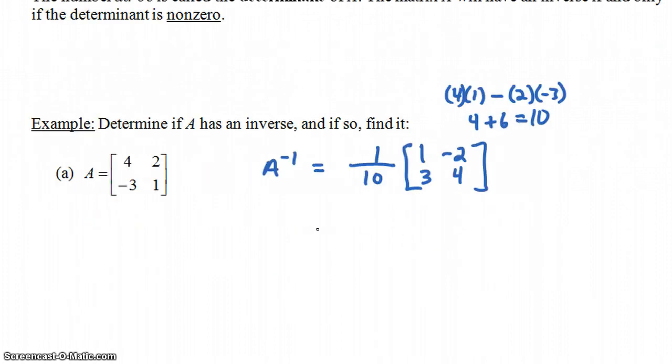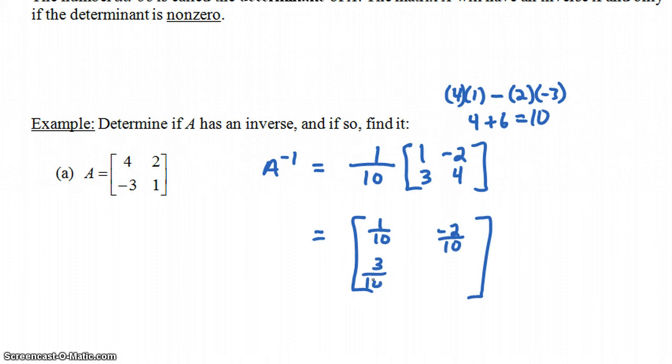Now, when you multiply a scalar times a matrix, that's just like multiplying each of the entries in the matrix by that scalar. So this is a scalar multiplication. If we write out what the matrix actually is, we do 1/10 times each of these entries. So this would be 1/10, negative 2/10, 3/10, and 4/10.